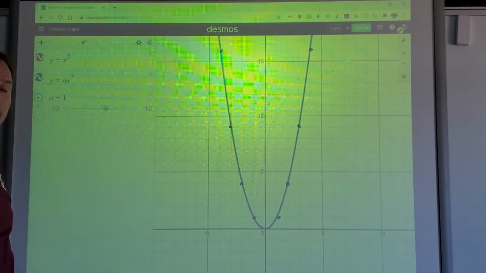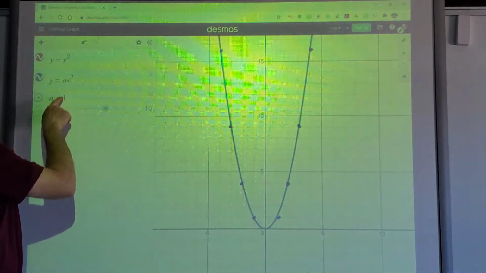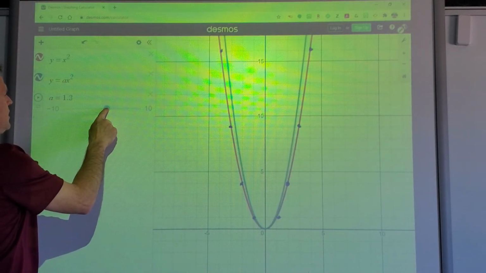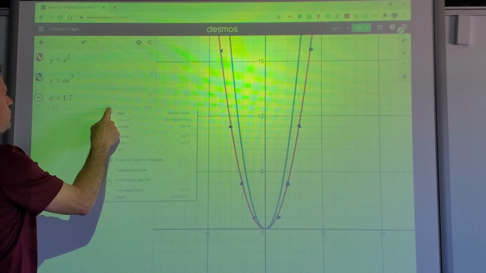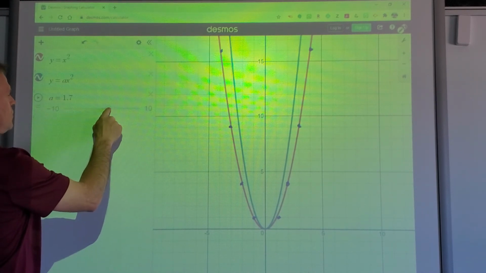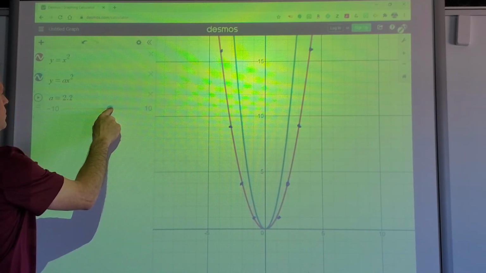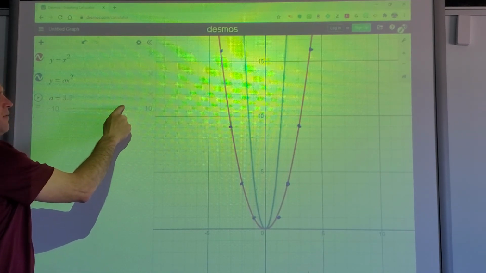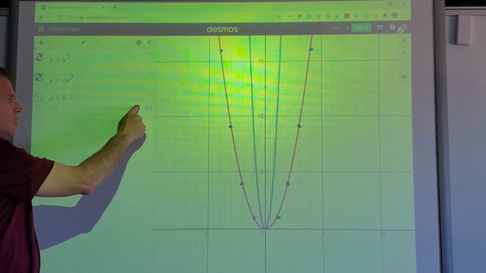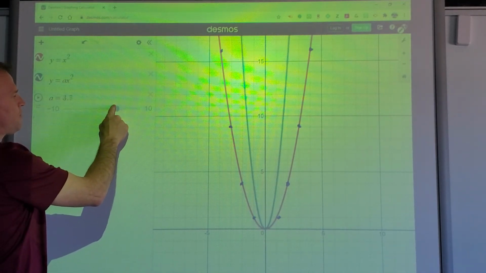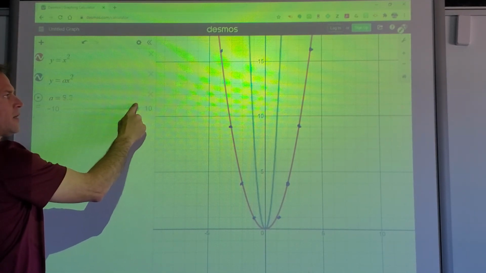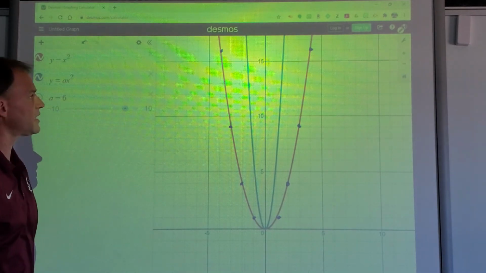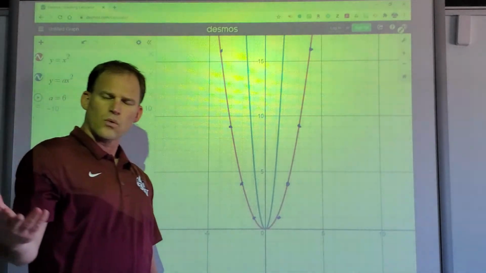So I've got this slider here. Watch what happens. Right now the number in front of x squared is 1. Watch what happens when I take it up to 2. What's going on with my graph? You see it moving? What's going on when I take that number in front of x squared and make it a big number? So let's make it 6. What's going on?